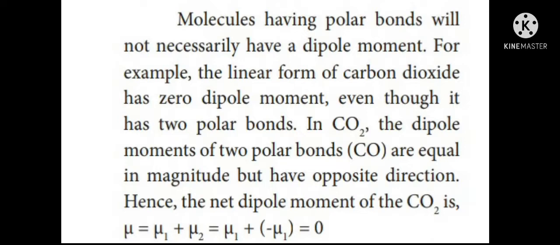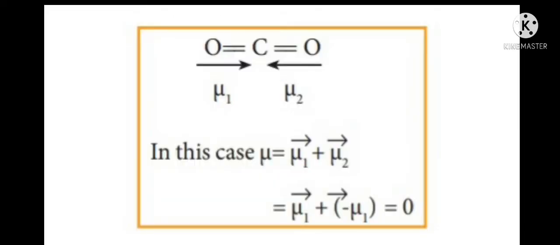Hence, net dipole moment of carbon dioxide is given by mu is equal to mu1 plus mu2, where mu is the net dipole moment. Mu1 is the dipole moment of the first CO bond. Mu2 is the dipole moment of the second CO bond. Here the values are same, but they are in opposite direction.